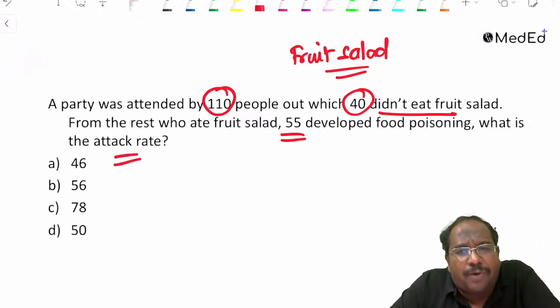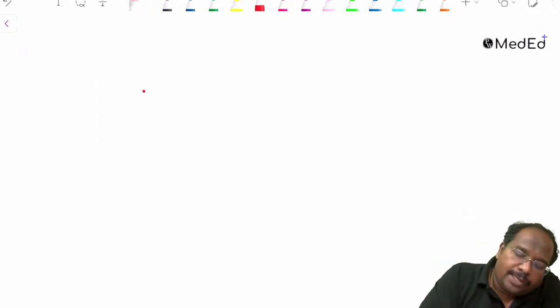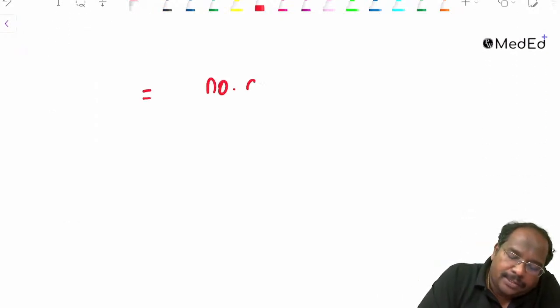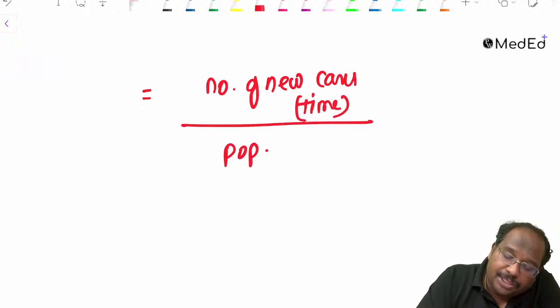Attack rate is a special form of incidence rate. We will see the concept, then we will come back. The attack rate formula is the number of new cases occurring in a particular time by population at risk, expressed in terms of percentage.